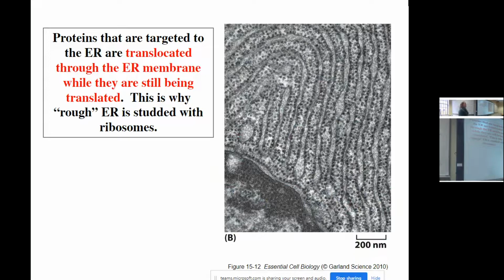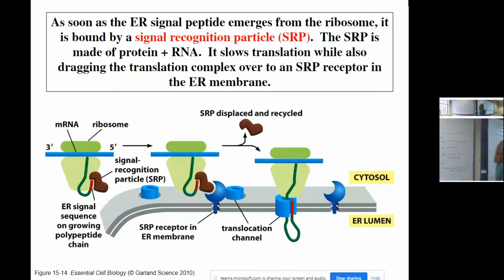I did not realize that. So I thought, okay, if you're an ER ribosome, that's just your life. You're stuck there all the time. No, you get dragged there as you are translating a protein that has an ER signal sequence on it.